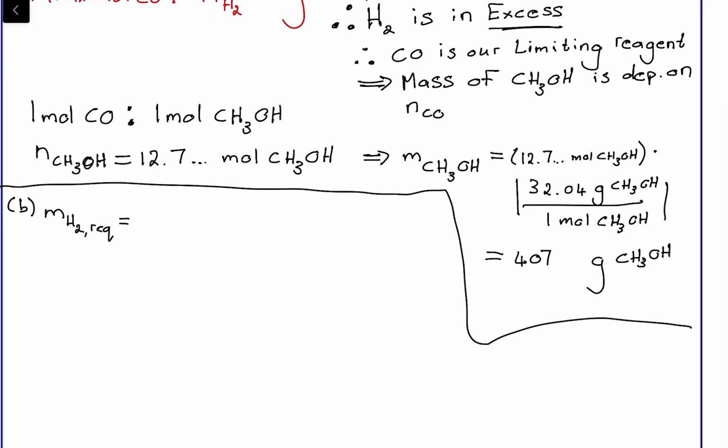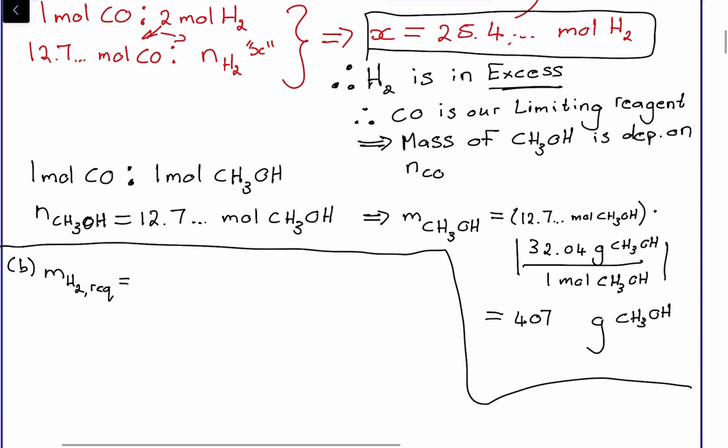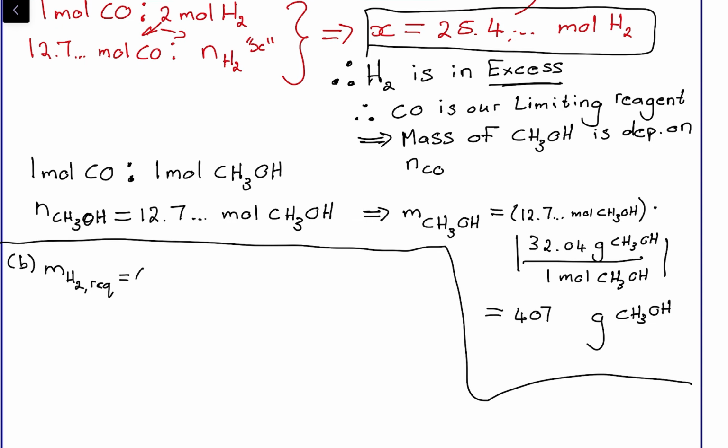You can call it required if you would like, because that would be the number of moles multiplied by the molar mass. So it would be 25.4 and some numbers, mole H2, multiplied by the molar mass, which is 2.016 gram H2 per 1 mole H2.